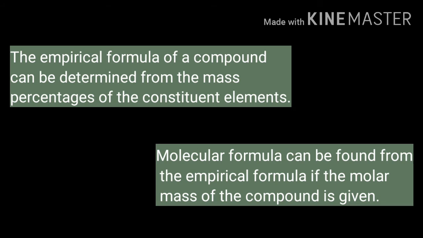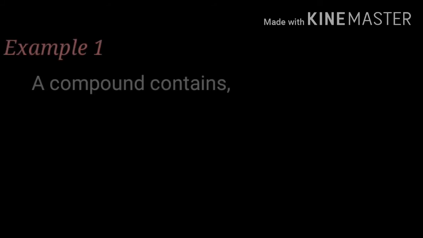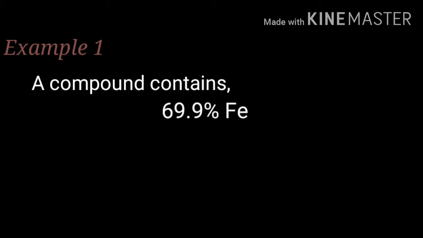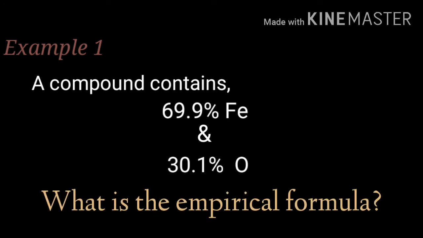This can be illustrated by using an example. A compound contains 69.9% of iron and 30.1% of oxygen by mass. What is its empirical formula?